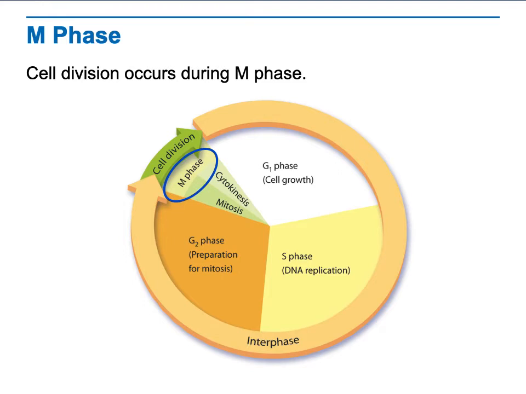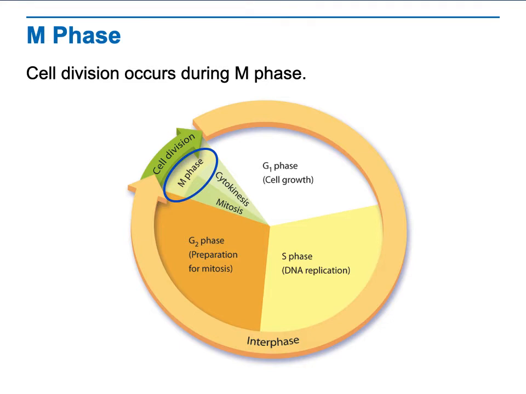Okay, let's talk about M phase. Cell division occurs during M phase. M phase is usually much shorter than interphase. M phase results in two daughter cells. The first step of M phase is mitosis. The cell's nucleus divides during mitosis.